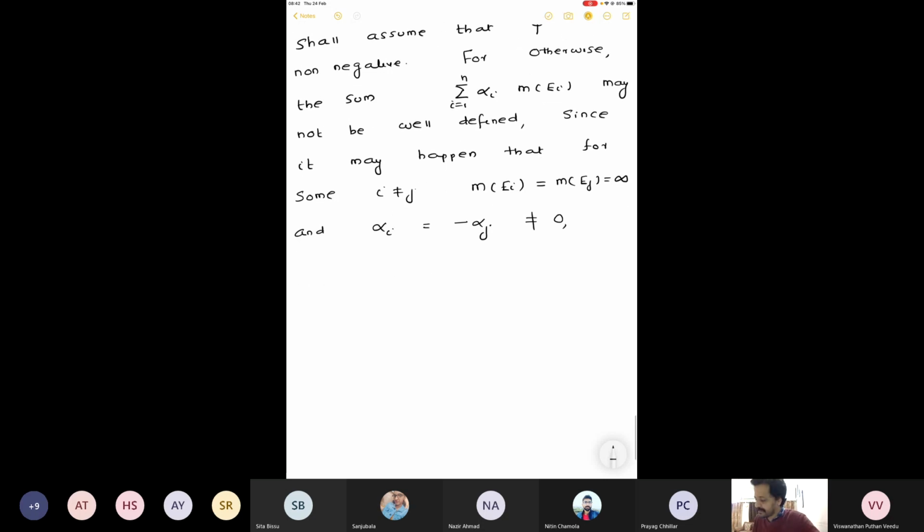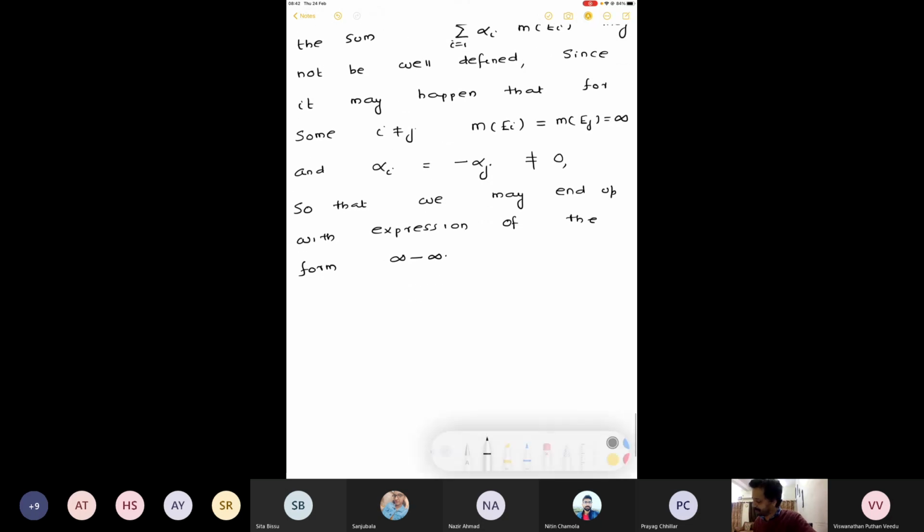Then it will create an issue. So that we may end up with an expression of the form infinity minus infinity. And in the extended real number system, I told you that we will leave this undefined. We will not try to define this.